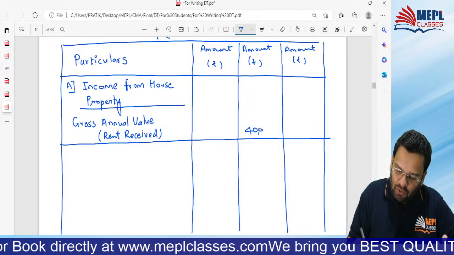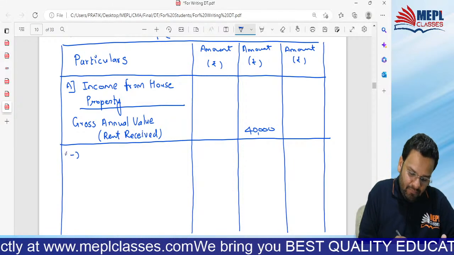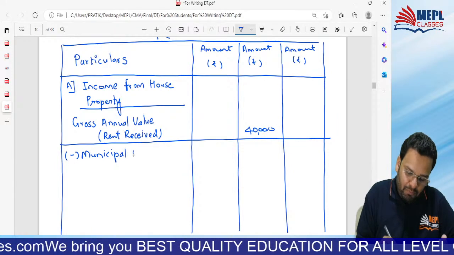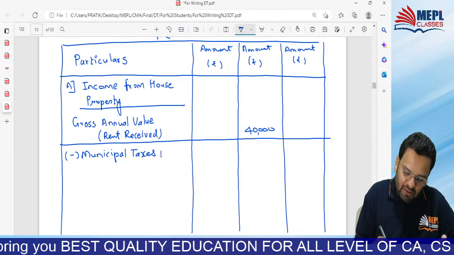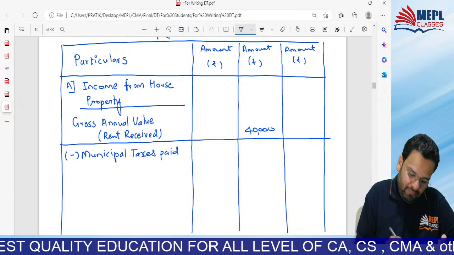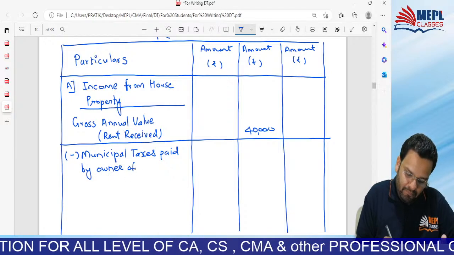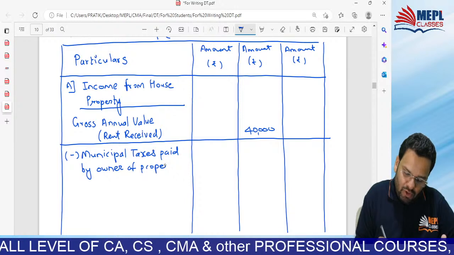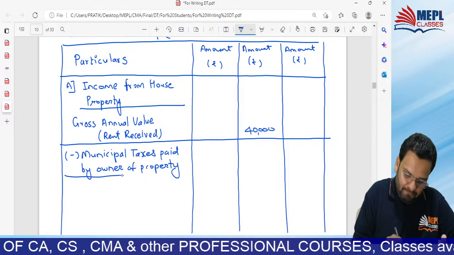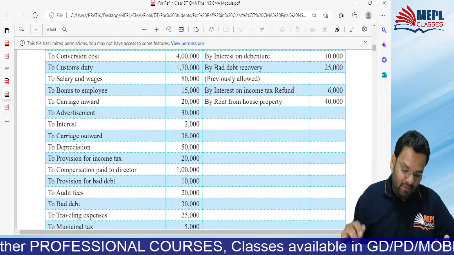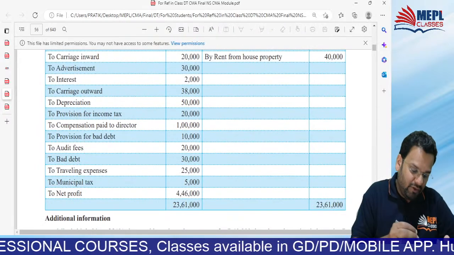You can take that 40,000 here, less municipal taxes paid by the owner of the property. So what are municipal taxes paid by the owner of the property during the PY? Check, you will find them on the debit side. Municipal taxes paid 5,000 rupees.